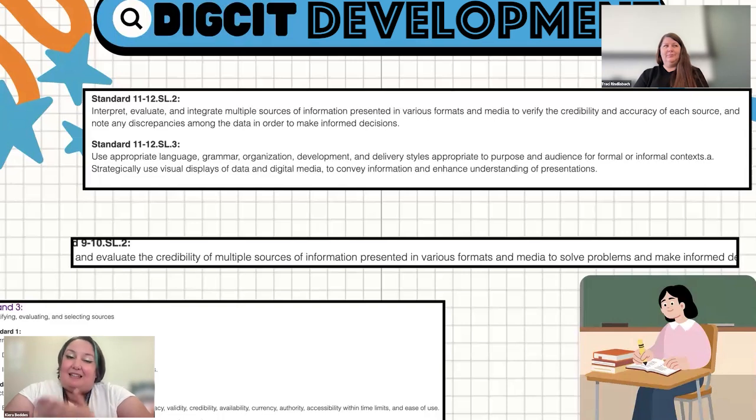It doesn't explicitly say digital, but you would assume, where can you find multiple formats of things? Obviously online would be included in that. Or being able to evaluate the credibility of multiple sources to solve problems and make informed decisions. So you can see how they are in these pockets.